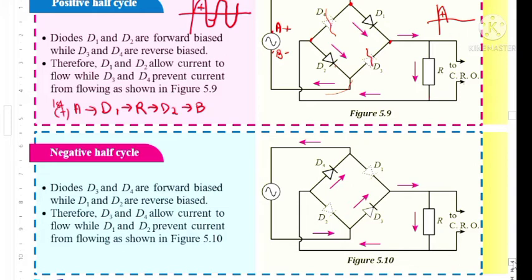D2 is reverse bias, circuit broken here. So current will flow through D3 and reach here. Cannot go to D1 because reverse bias, and then go to R. The CRO will show the other half, which is negative, now rectified.